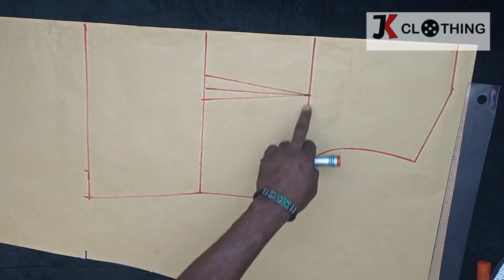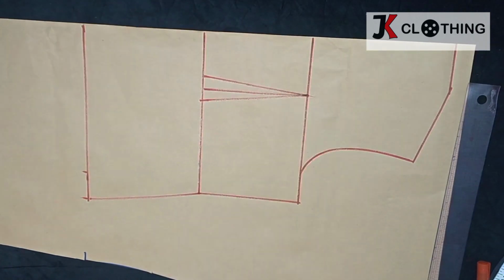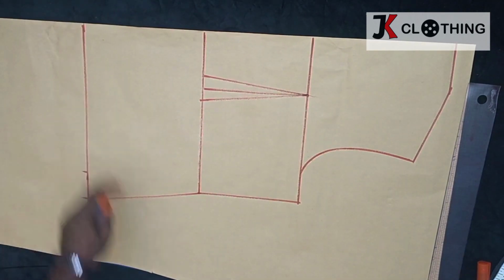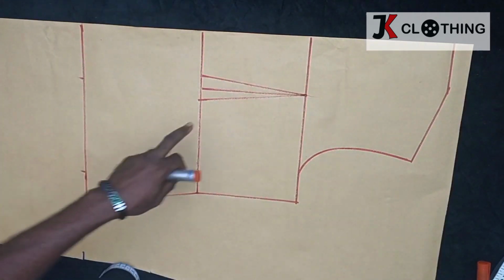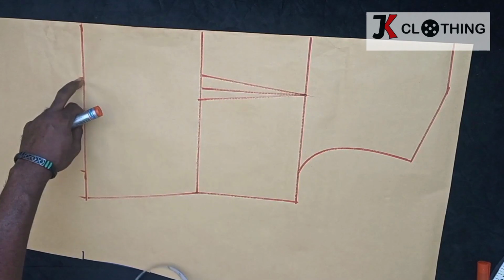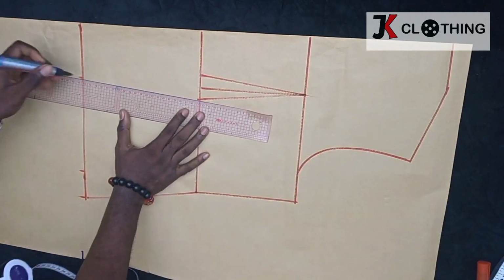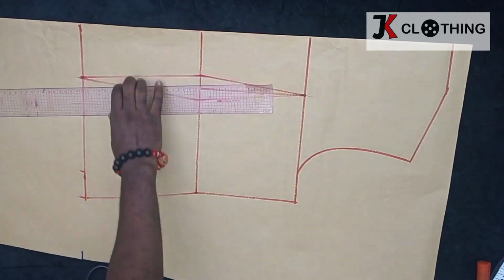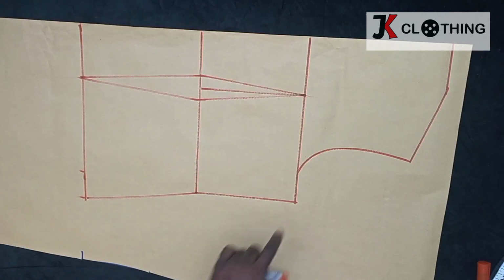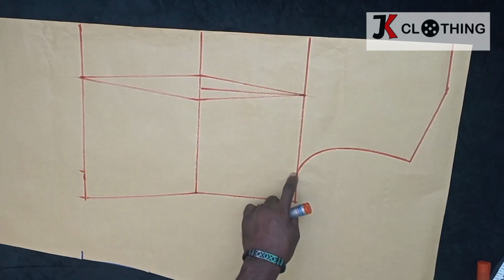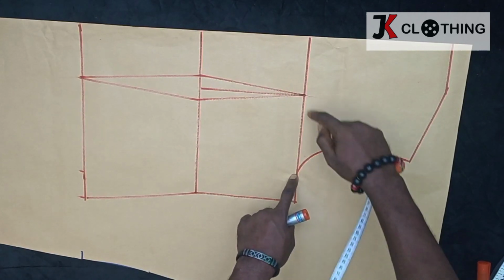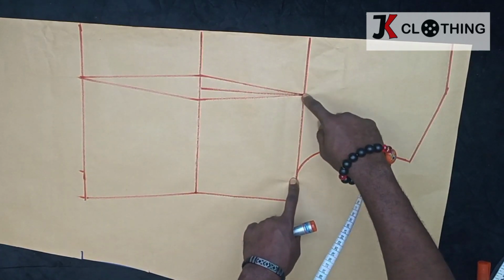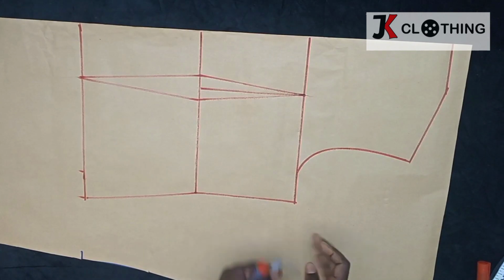The nipple to nipple measurement which we brought to the back, we'll bring the same thing to the hip line, and connect these two dot lines to it. We will take off our seam allowance and then divide the distance from that very portion to where the dot point is into 2.